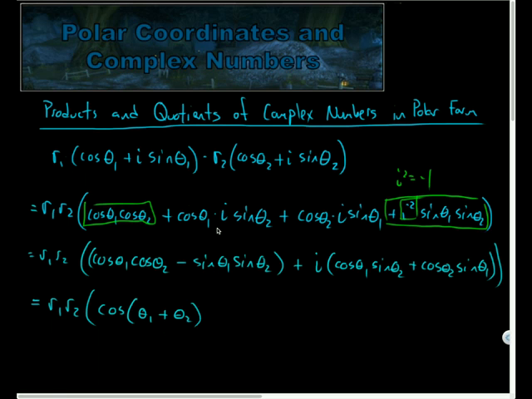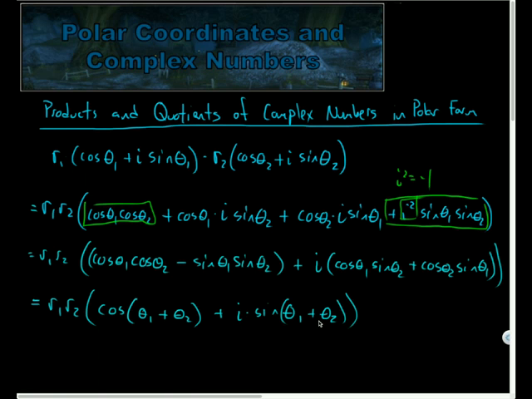And this other part is the sine sum of angles identity, so it's plus i times sine of theta 1 plus theta 2.